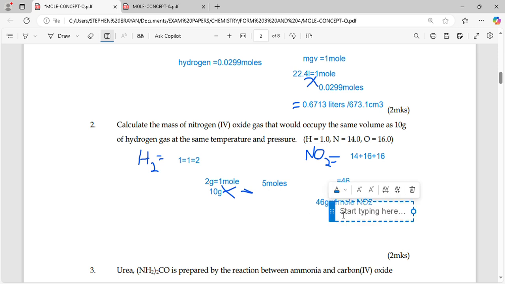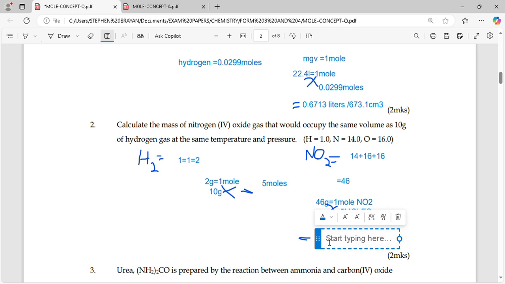When you reach there, you do something very simple, just cross multiply. And you're going to get the total mass of nitrogen oxide gas, which will be 230 grams.